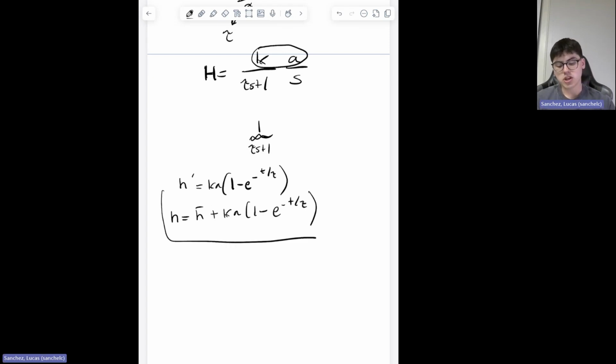So this is an expression that we'll now use to numerically solve and then plot the change in the height of the tank over time. We'll do both the analytical solution that we usually use, and then also this numerical solution on Python. So let's head over there and take a look at what it looks like.